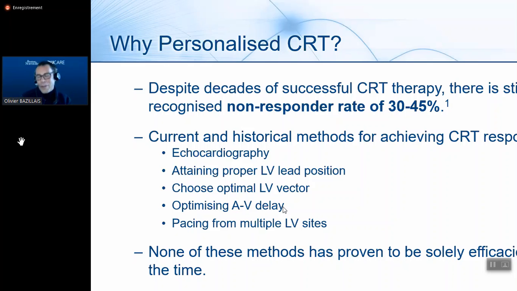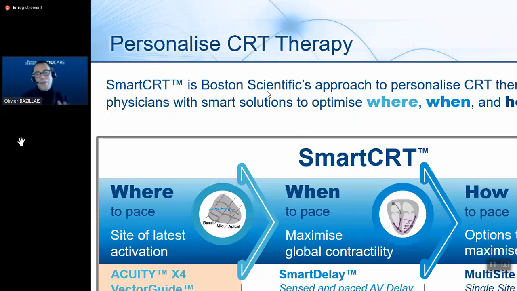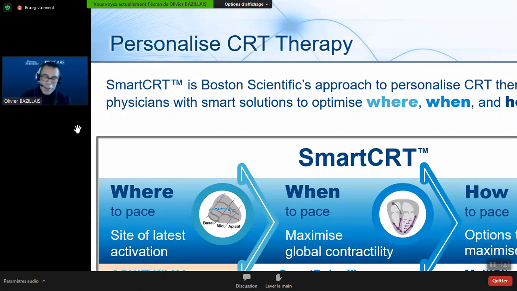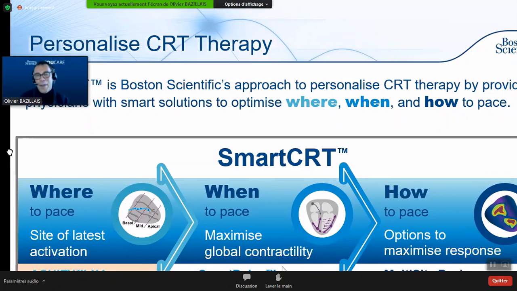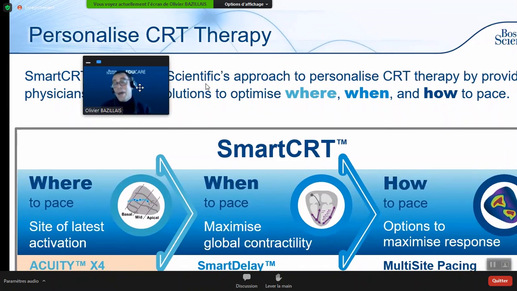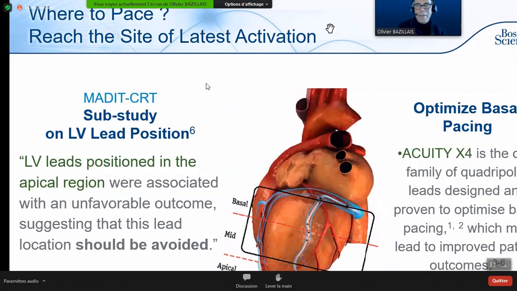Optimizing AV delay, of course, smart delay, and multi-site pacing could also be a very interesting technique to optimize the responding rate. So today I will briefly go back over the technical side of the vector guide algorithm, the smart delay algorithm, and multi-site pacing.